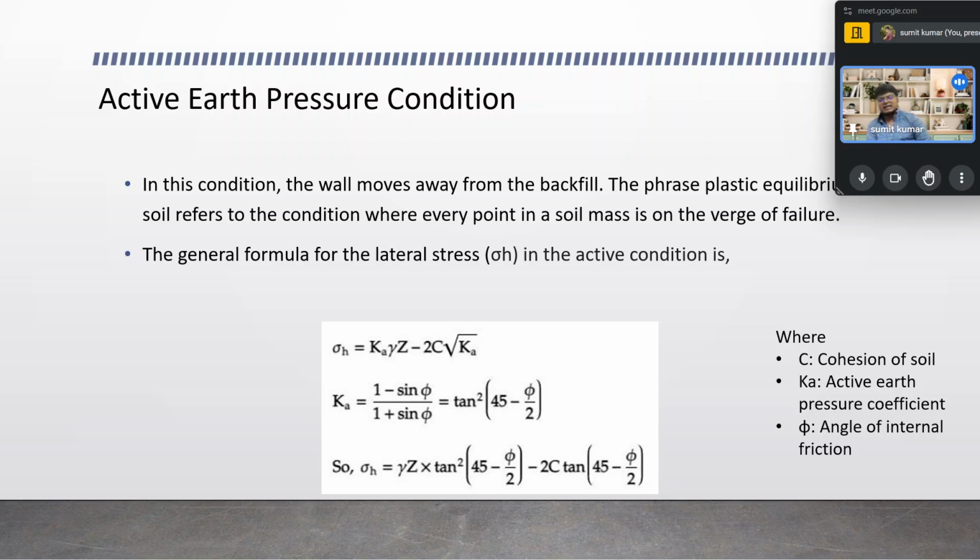We calculate K as 1 minus sin 30 by 1 plus sin 30, or tan square 45 minus phi by 2. Over here K is the active earth pressure coefficient, phi is the angle of internal friction, and c is the cohesion of the soil, and we have already understood how to calculate those things during our previous lectures.